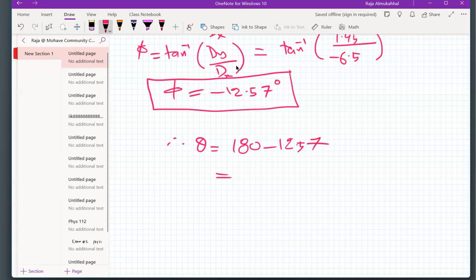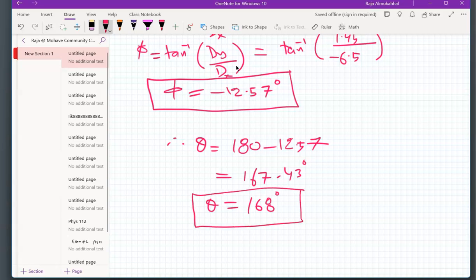When I do that, let me give you the precise answer: 167.43 degrees. The answer in the book, I believe, is 168. That's pretty close, okay? I think it has to do with the rounding. But anyway, there we go, and that will be the final answer.